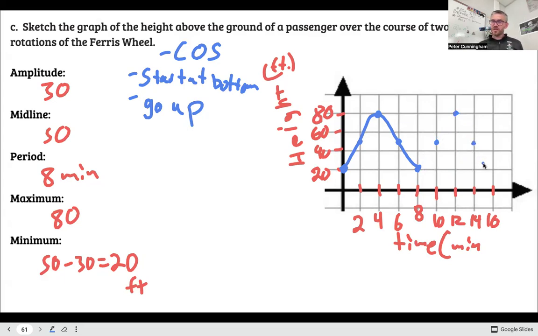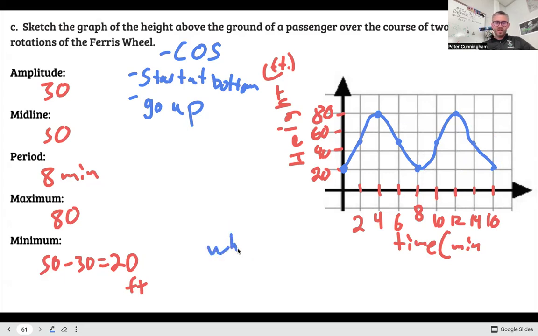And then the bonus question at the end: I want you to approximate, I'm not even going to show it, I'm going to ask you to do it, when does the Ferris wheel reach 60 feet? Give me multiple times that the Ferris wheel will be at 60 feet.